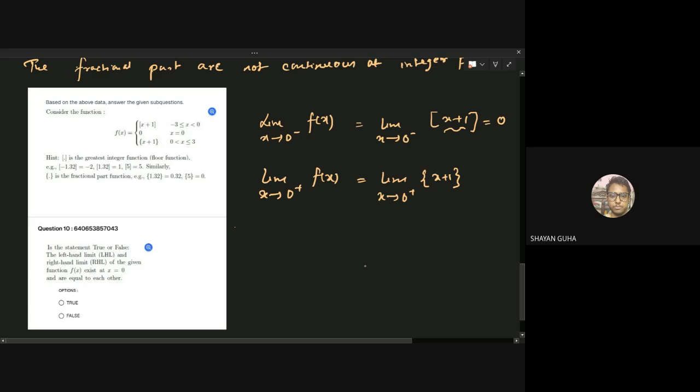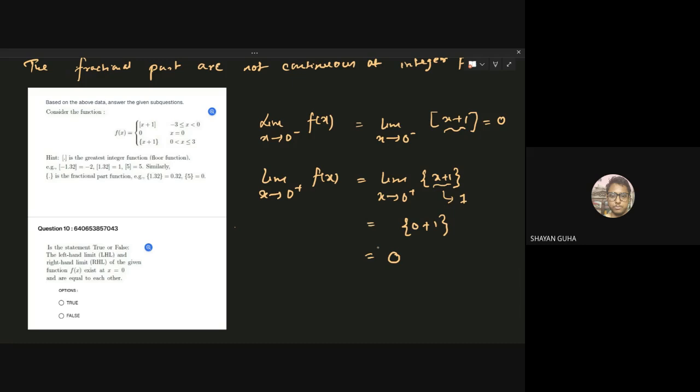Now if I put the limiting condition here, this value will be almost equal to 1. And since we are calculating the limit, x is tending to 0 from the right hand side, but x is not actually equal to 0. But when we calculate the limit, we put the value as 0 plus 1, so this will ultimately give me 0.